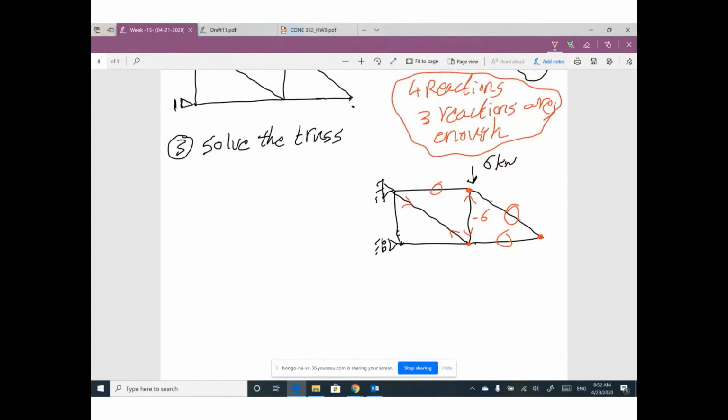I think 6 divided by 0.6. It's positive 10. And this one will be compression. How much? -8. If you make joint equilibrium here, this member will be 0. The internal forces in this truss are called capital M.